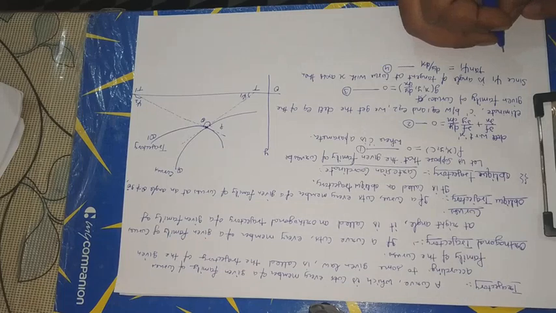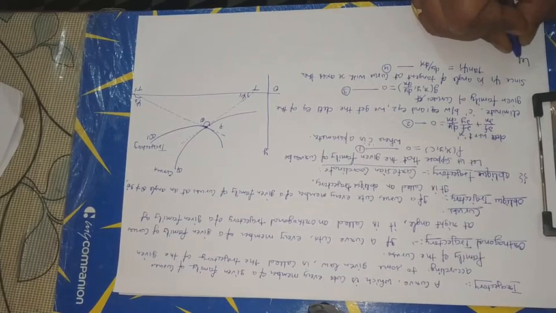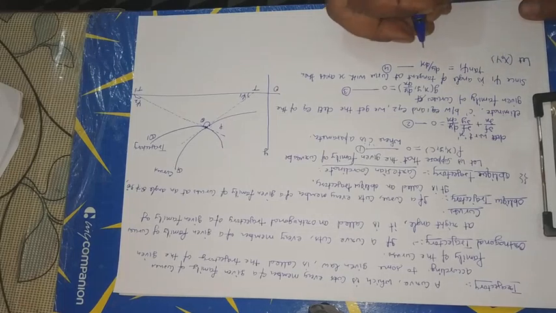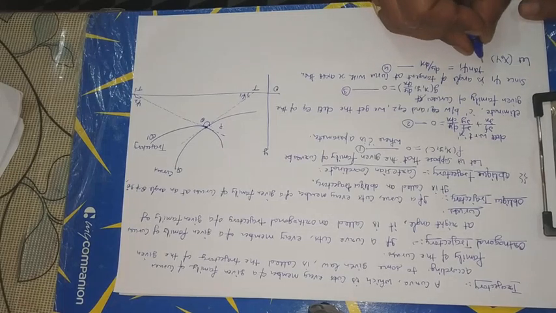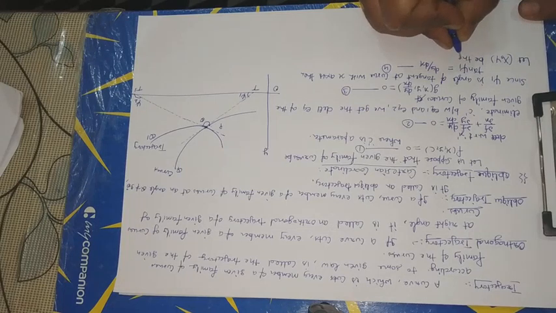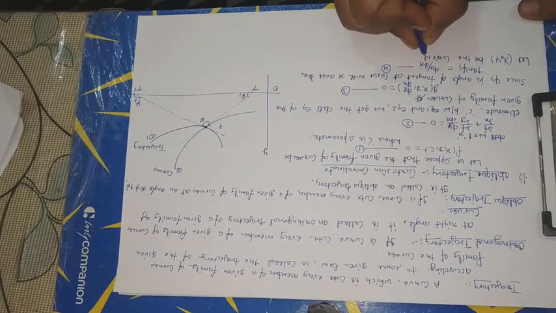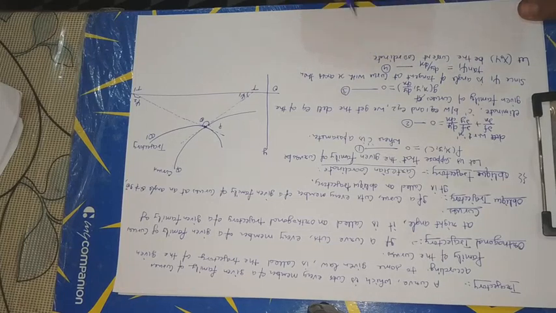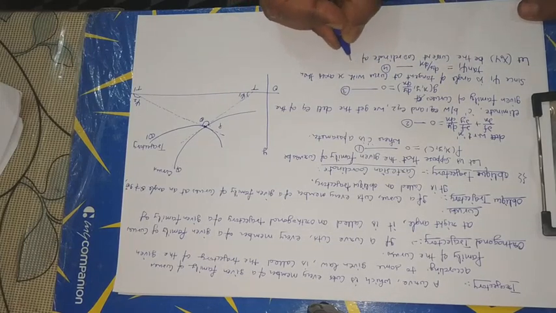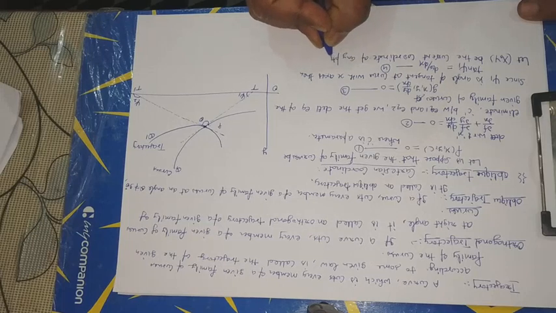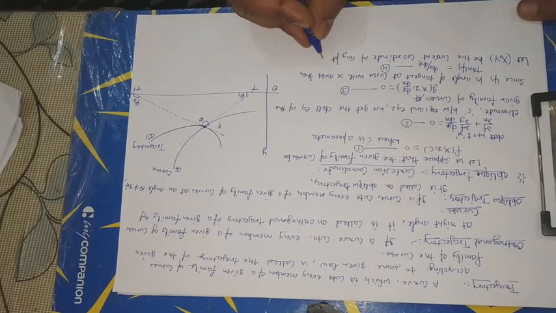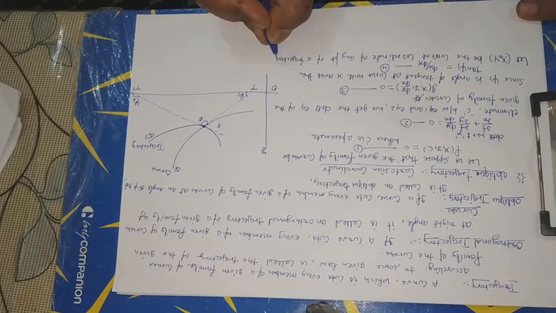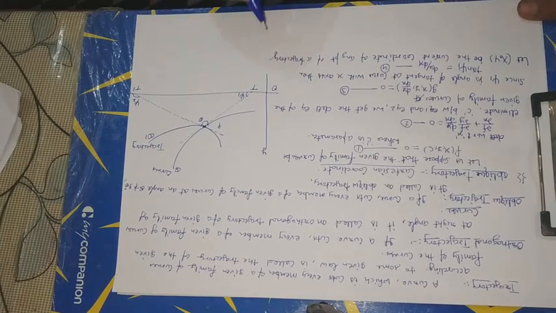Let us suppose that capital X, capital Y be the current coordinate of any point P of a trajectory.